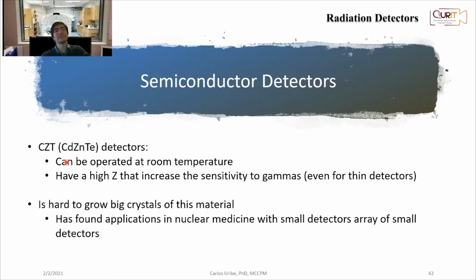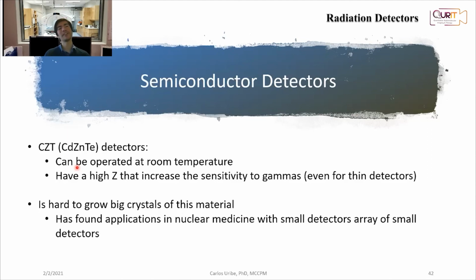CZT detectors, as we saw, can be operated at room temperature, and because they have such a high Z, this increases the sensitivity to gammas. Even if they are thin detectors, we can still measure a lot of the gammas. However, again, as I said before, it's very hard to grow big crystals of this material.